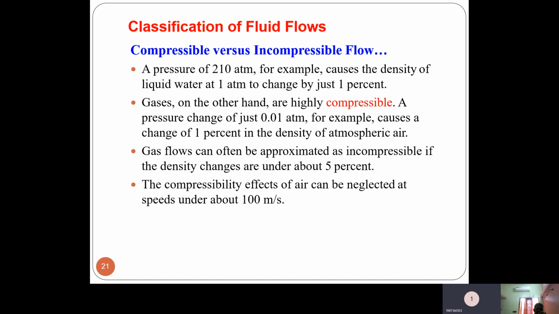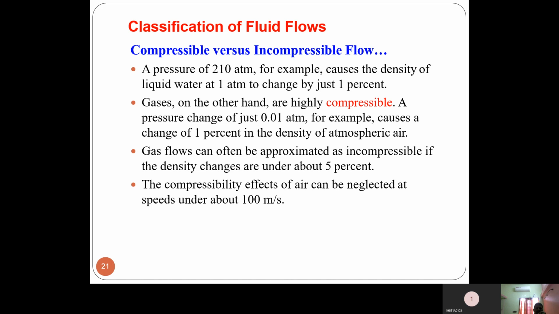Compressible fluids are fluids whose density changes. A gas flow can often be approximated as incompressible if density changes are under about 5%. If the density variation is less than 5%, gases can also be considered incompressible.